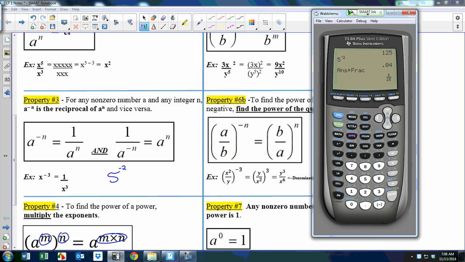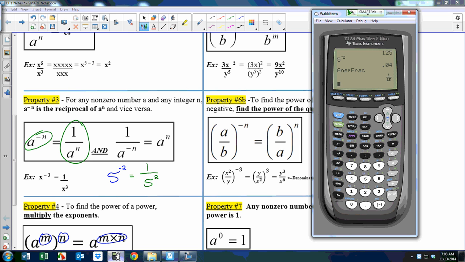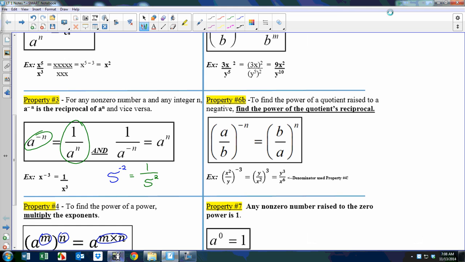Now, if we look at this property, our a is the 5, our negative n is the negative 2. It says take your 5, put it in the bottom, change the negative 2 to positive 2, put a 1 on top, which is 1 over 25, the same thing the calculator says you would get for 5 to the negative 2.